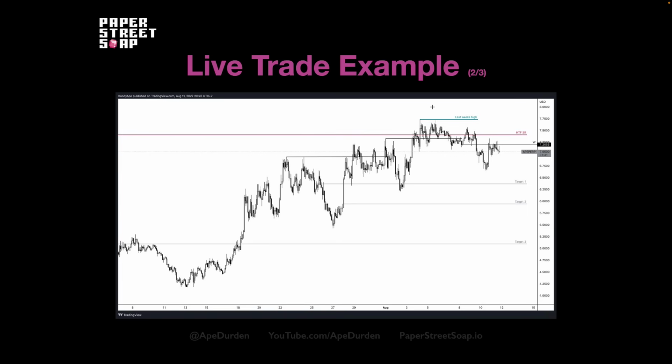As you can see here, this is a better idea. Here was the high, and that's where your invalidation is. You're wrong if that high gets taken out, and that's where your stop loss goes. Where you enter is up to you, but your invalidation is there. You can change that, that is up to you, but I know that this works.